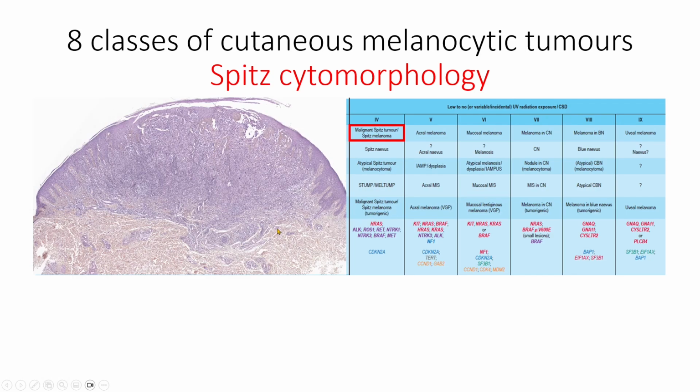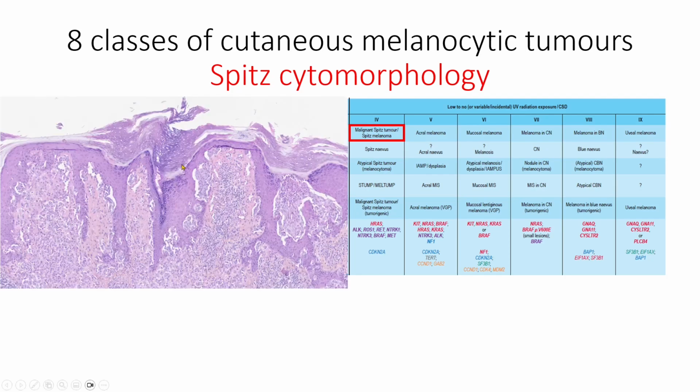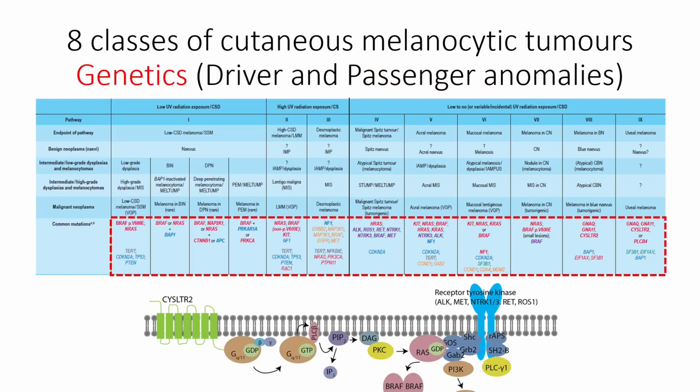Another group is the cytomorphology, which is represented by the Spitz subgroup, and Spitz cytomorphology is usually a junctional hyperplasia with nests in the junction in this pseudoepitheliomatous hyperplasia, and usually we have large spindled and epithelioid melanocytes.